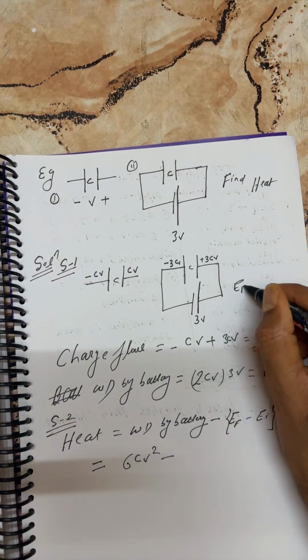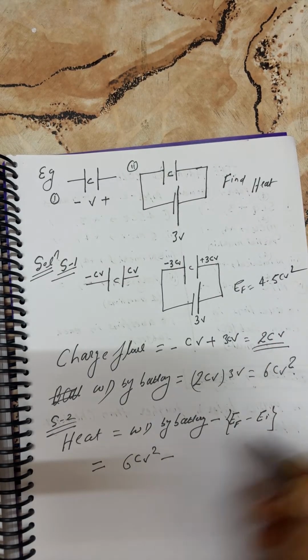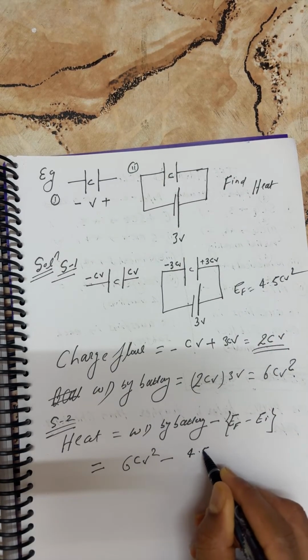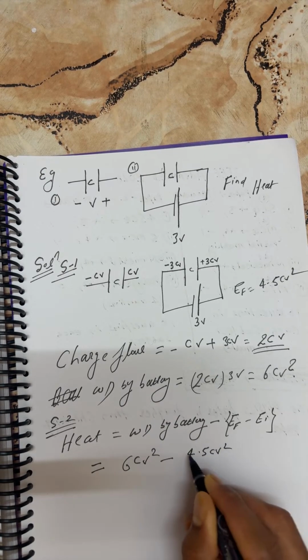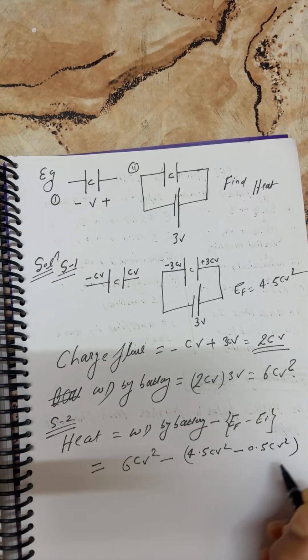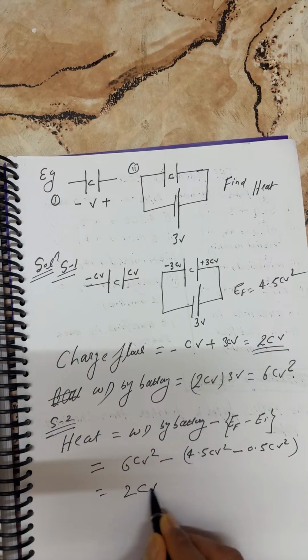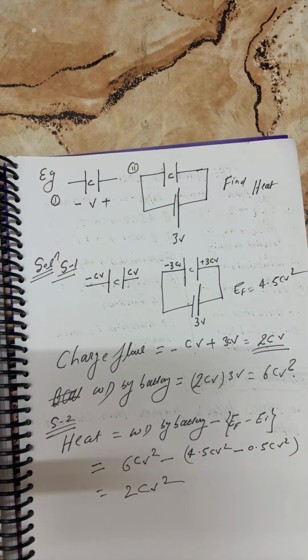Energy final is 4.5 CV square, minus 0.5 CV square. 6 minus 4 is 2 CV square. So be active in the class.